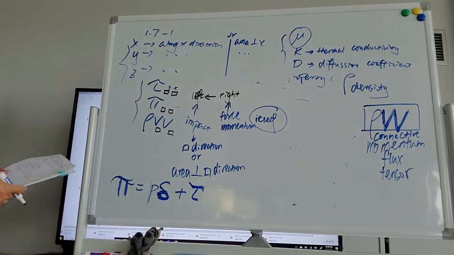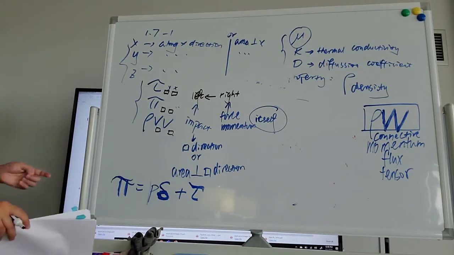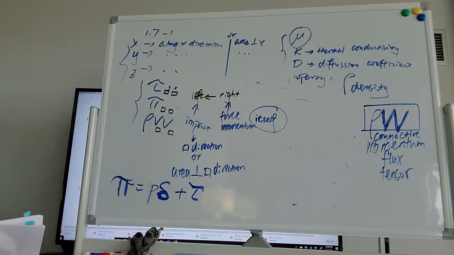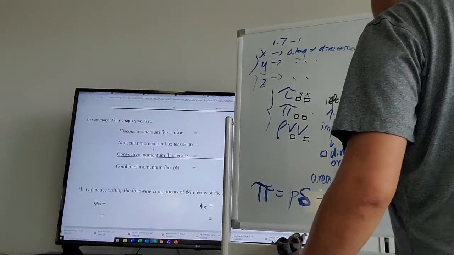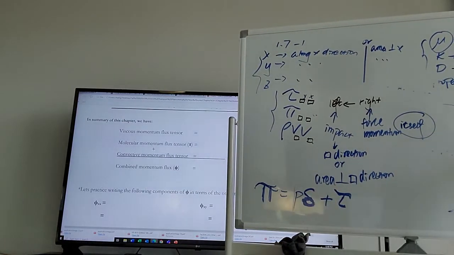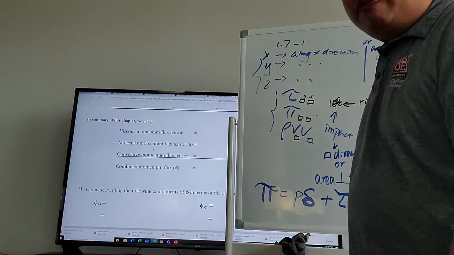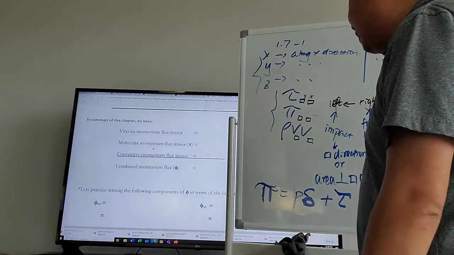So this is the molecular momentum flux tensor. For the convective momentum flux tensor, it is rho vv.